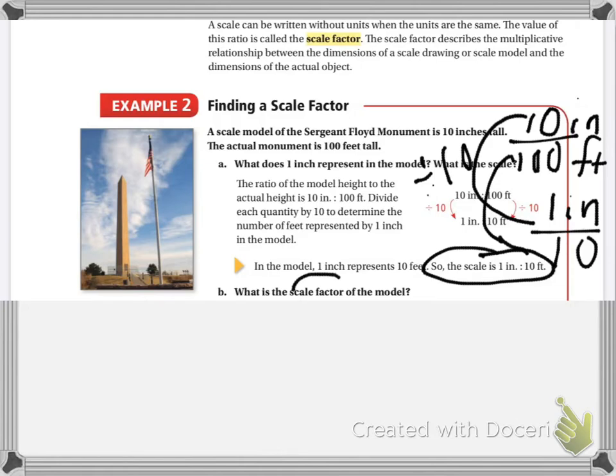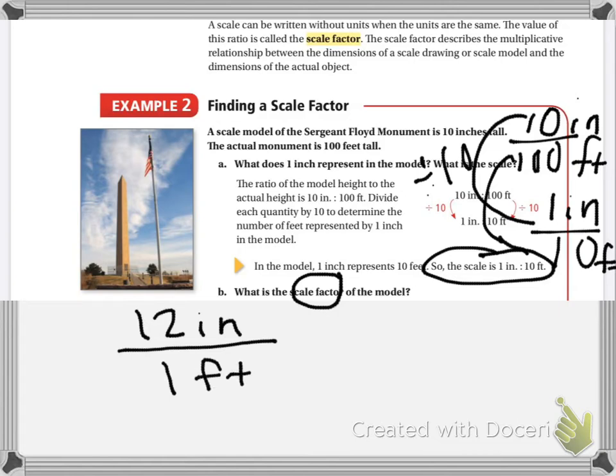Now to get this scale factor, I need to get it in the same units because I'm still in inches to feet here, and I want to get it all into the same. So I know that there are 12 inches in 1 foot. Now, in my scale, if I take it to 10 feet, I multiplied here by 10.